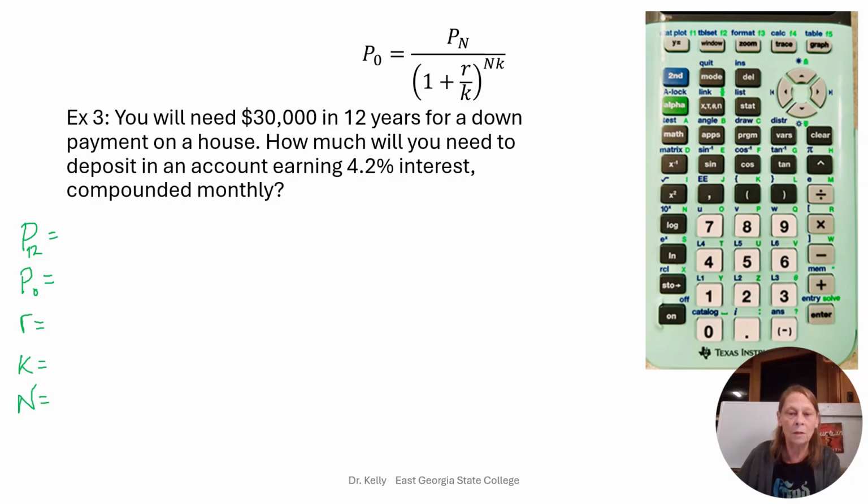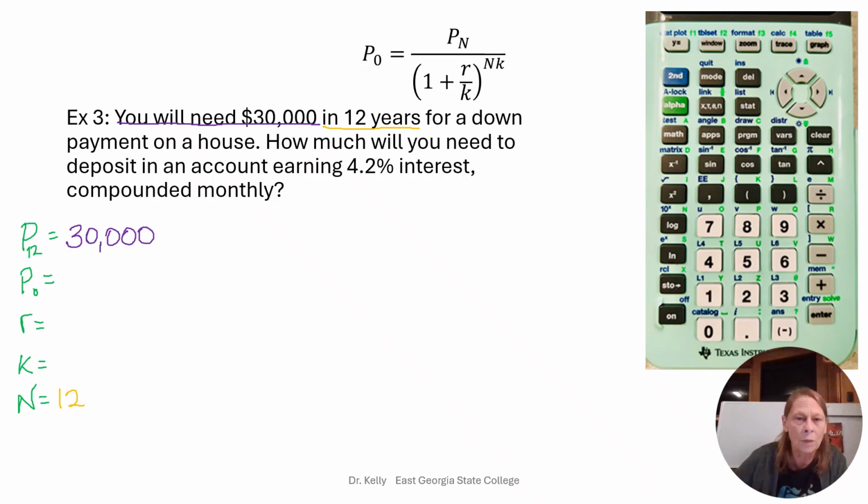All right, let's fill in what we got here. It says you will need, that's a future amount, future. You will need 30,000. That's what's going to need to go right here because that's how much we want to have at the end here. You will need 30,000 in 12 years. Oh, let's just write that in there. N is 12 years for a down payment on a house.